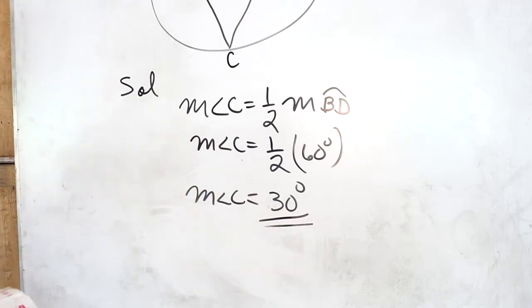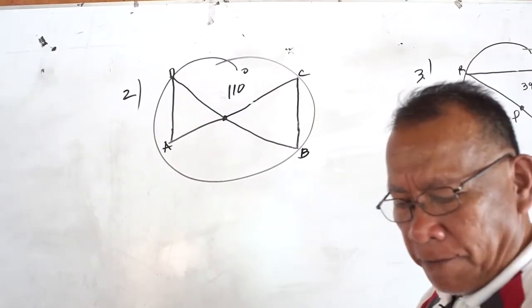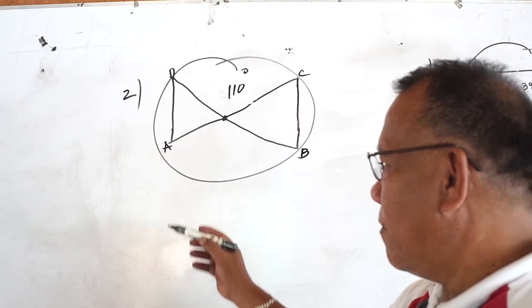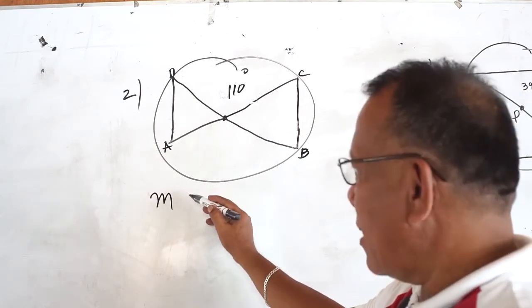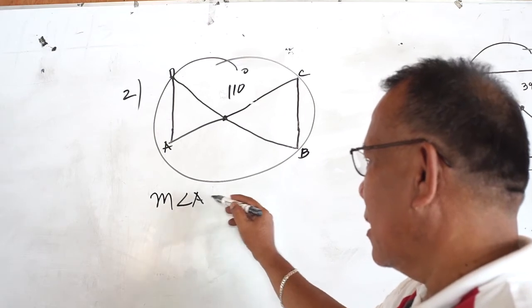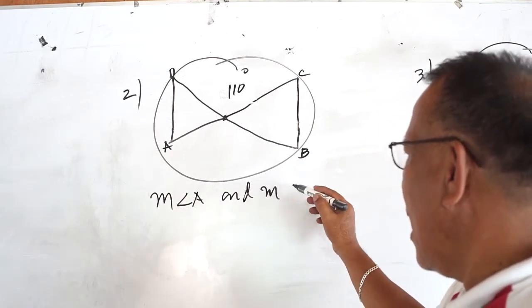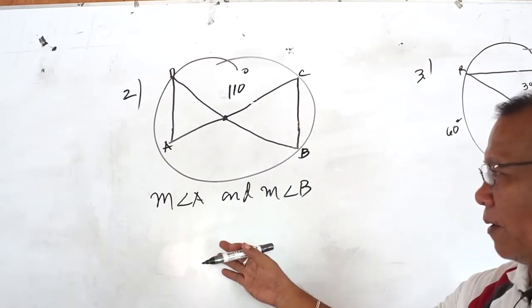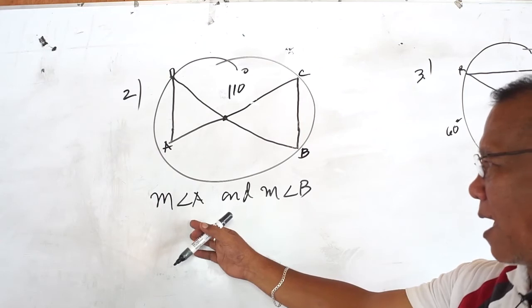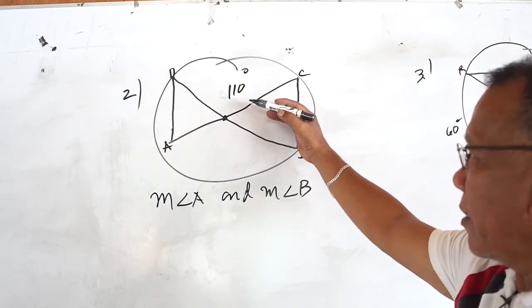30 degrees. For example number 2, find the measure of angle A and the measure of angle B. You can solve the measure of angle A and angle B based on the given figure.